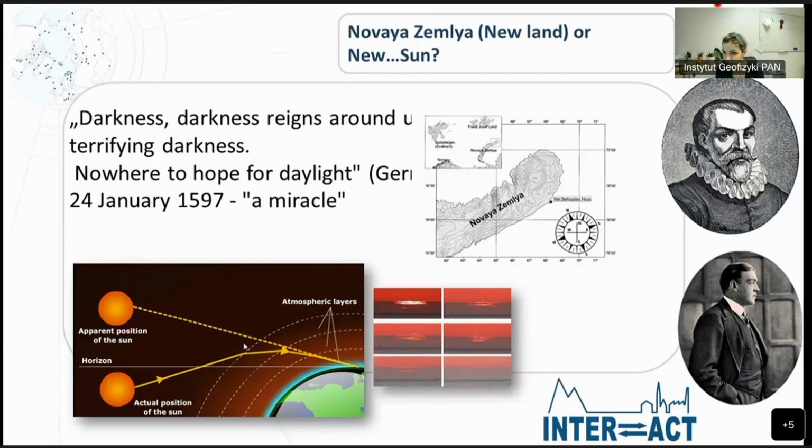Then, three centuries later, another famous polar traveler experienced the phenomenon. But this time it was not around Novaya Zemlya, it was in the south, and the explorer was none other than Ernest Shackleton.